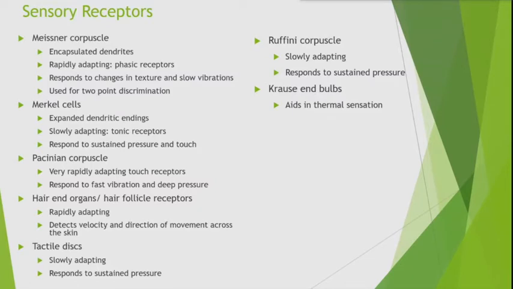Dorsal root ganglia. Does the first order neuron end there? Yes, sir. Okay. Then from there, through the dorsal root, it reaches the spinal cord, posterior.